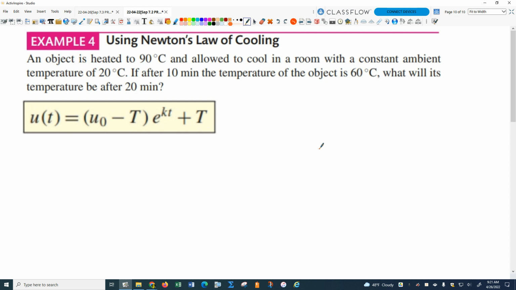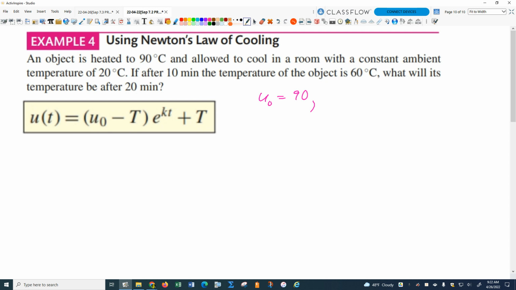So what are the values from our problem that we're going to be plugging into our solution? 90 is u naught. What's T?